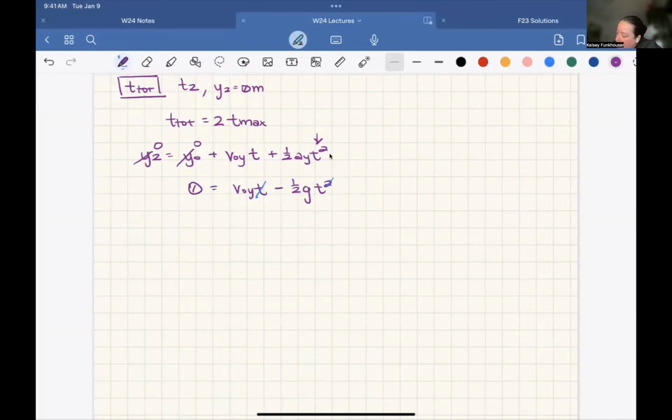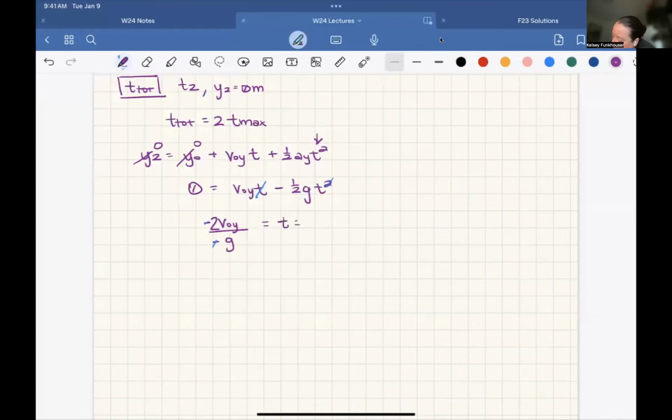Okay, and now we want to solve for t, so we'll subtract that velocity on both sides, so negative v naught y, and then we will divide both sides by negative 1/2 g. And dividing by a fraction is multiplying by the inverse of it, so the 2 goes on top, and we have g here. Sorry, I just lost track of the negative sign. I needed to divide by negative 1/2 g. So both of these negative signs go away.